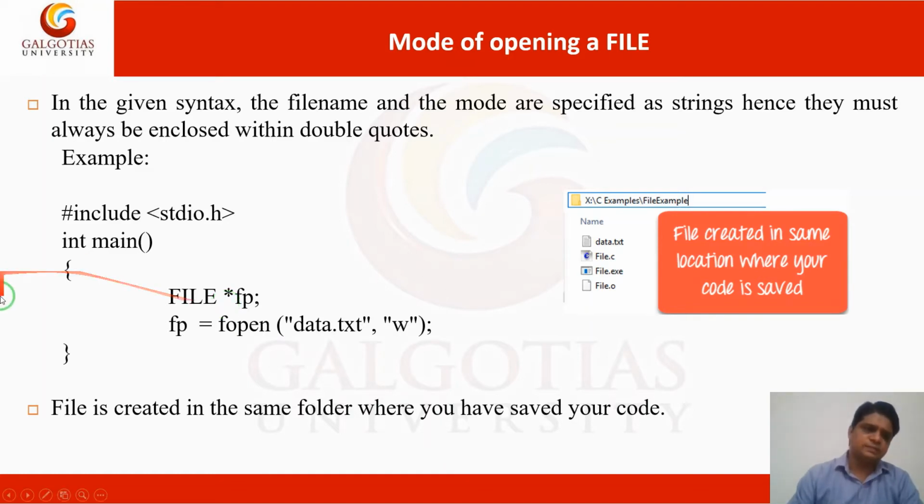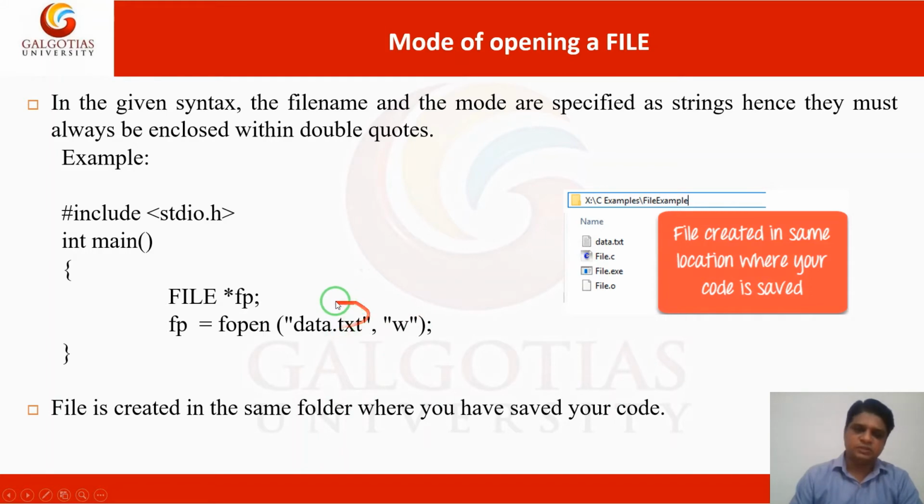In this simple example, a file pointer fp points to data.txt, and the mode is write mode. In this mode, the file data.txt is first created, and now fp will point to this file, created in the same location where your code is saved.